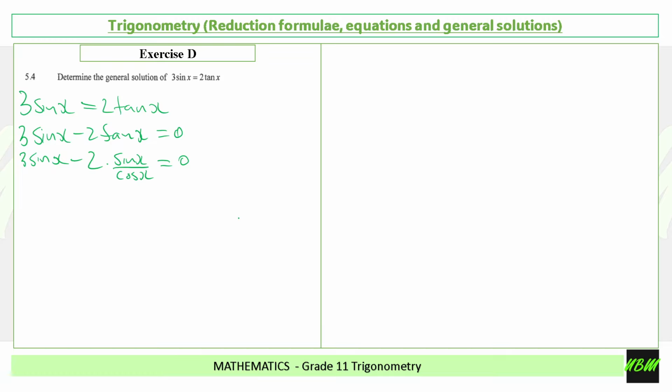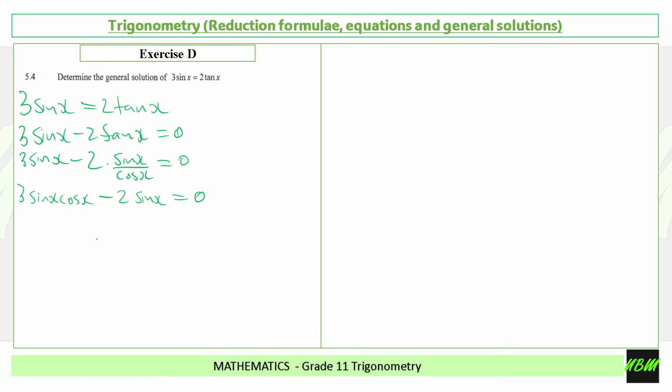Then let us get rid of that cos x in the denominator by multiplying throughout by cos x. 3 sine x times cos x, 3 sine x cos x minus 2 times sine x over cos x multiplied by cos x. It will be just minus 2 sine x equals to 0 multiplied by cos x is 0.